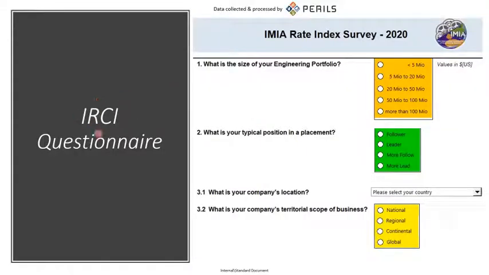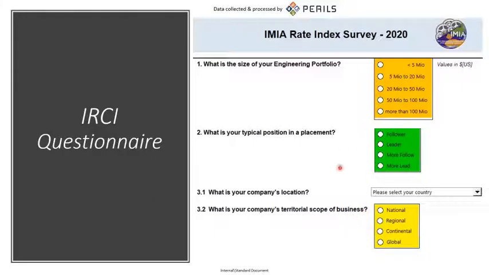The same happens with the IMIA rate change index. We also would like to know the weight of the contributor and the market position of the contributor, in what market this company works, in a regional or in a global market.